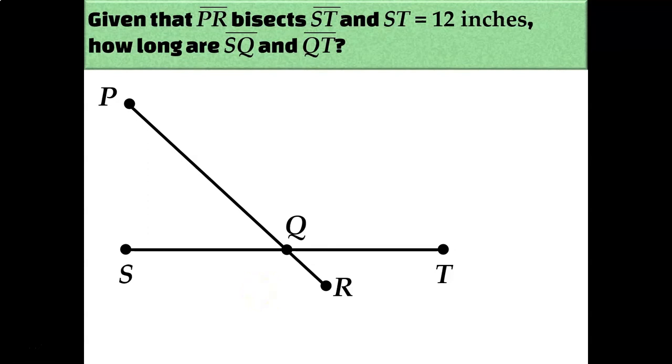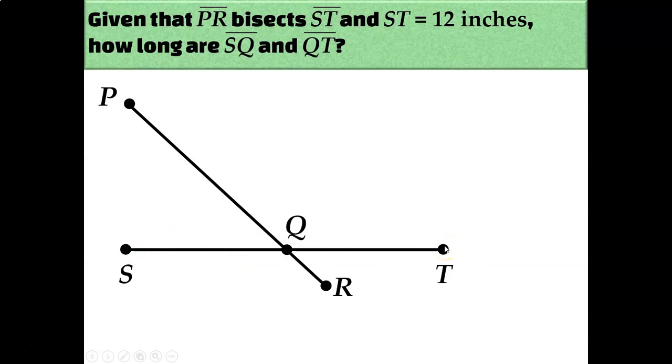On our next example, we're going to need to do some labeling on our diagram. The directions tell us that PR bisects ST, and that ST is 12 inches. So how long are segments SQ and QT? Well, since PR is the segment bisector of ST, that means that ST must have been cut in half.